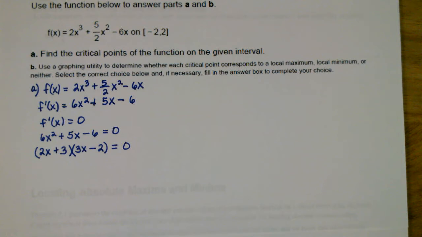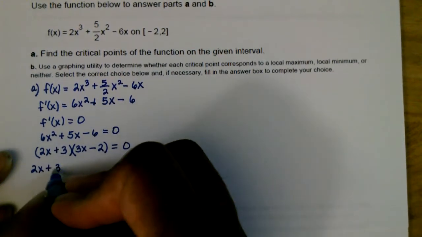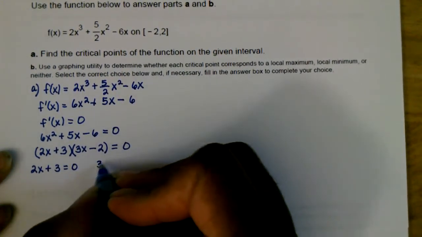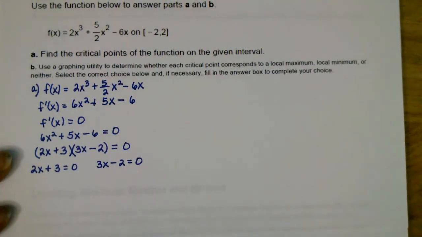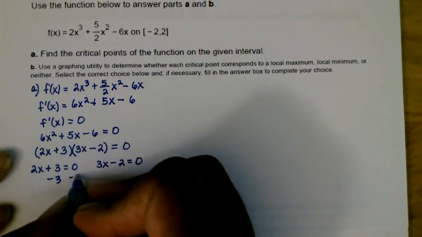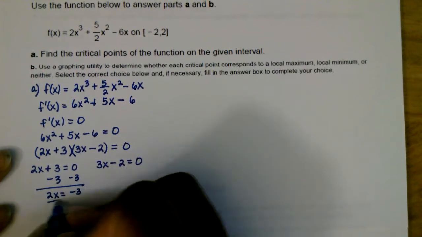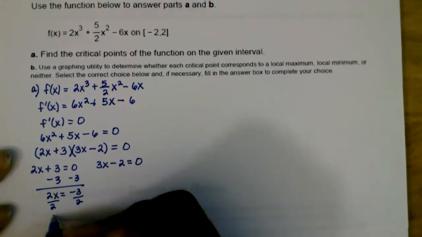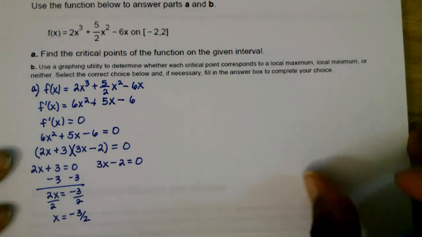So now we're going to set each binomial factor equal to 0 and solve for x. So I'm going to have 2x plus 3 equal to 0, and 3x minus 2 is equal to 0. And then for 2x plus 3 is equal to 0, if I subtract 3, you'll get 2x is equal to -3. Divide by 2, you'll get x is equal to -3 halves.